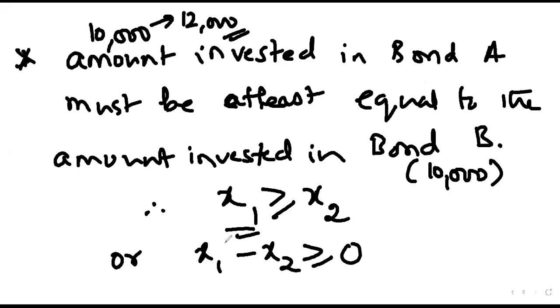Why? Because in that case 12,000 is the amount invested in bond A, which is at least equal. At least means what?